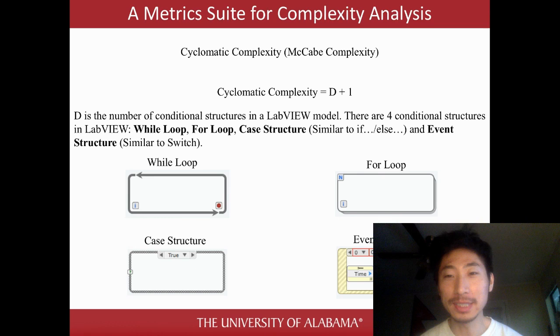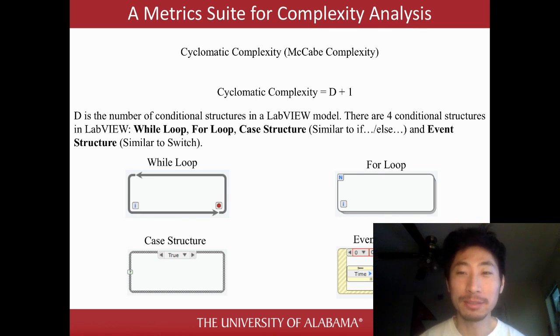There are four different kinds of conditional structures in the LabVIEW model: while loop, for loop, case structure, which is similar to if-else statement in textual programming languages, and event structure, which is similar to switch statement. The calculation for cyclomatic complexity is we just add the number of total conditional structures plus 1.